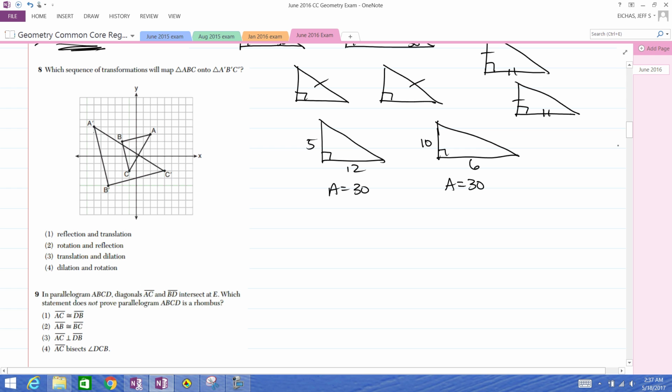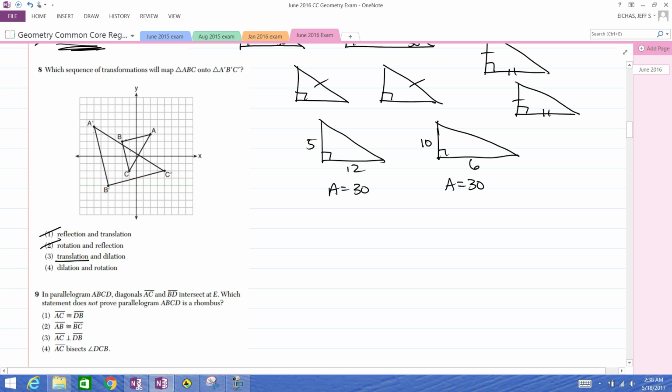Let's see. This one hopefully is obvious to you. We know we need a dilation in there somehow because the figures are not the same size. So we're going to get rid of these. You're going to need one of these combinations here. Now, we talked earlier about translations preserving slope.